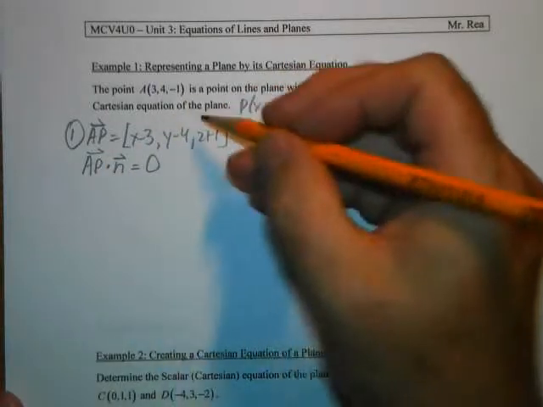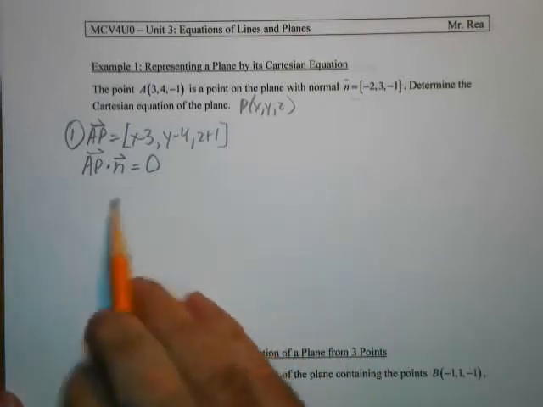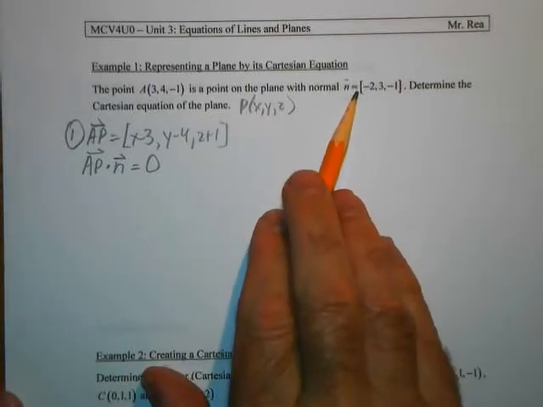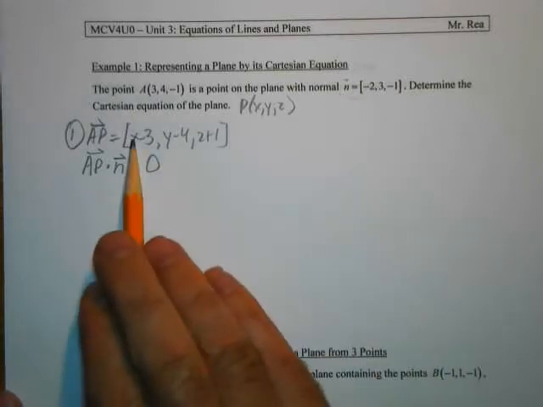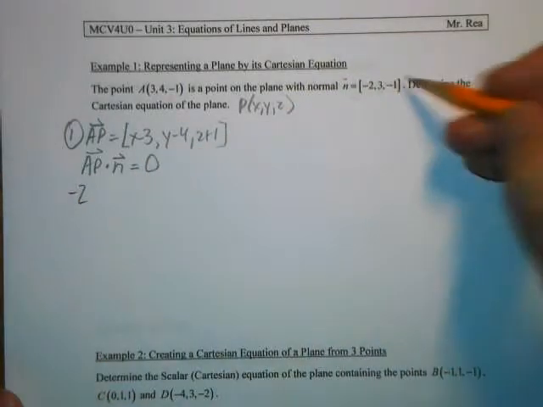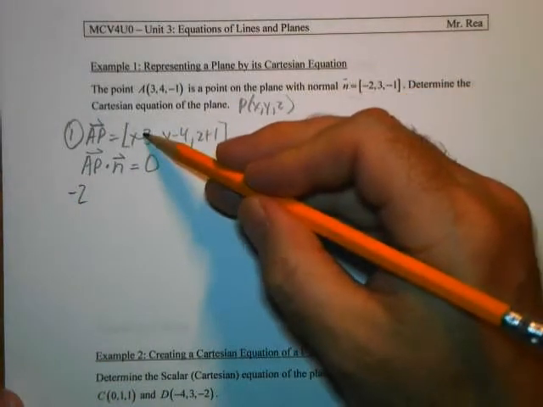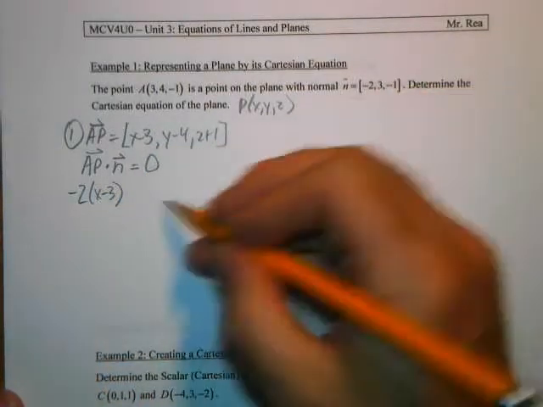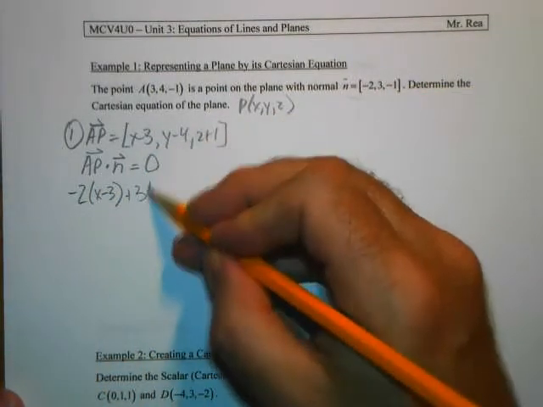Okay, so now if we did the dot product of the two vectors, AP and N, we will get -2 from here times the X component here, so X minus 3, and then plus 3 times Y minus 4.